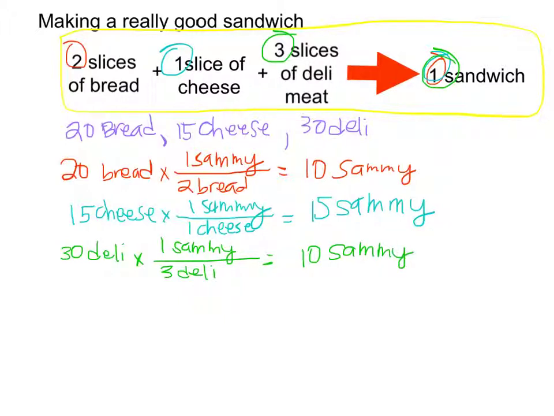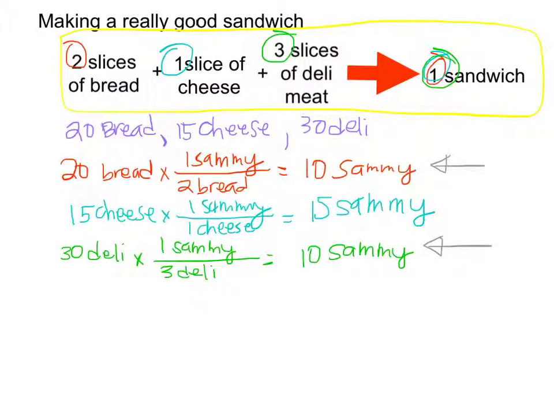Okay, let's look at this. Which of these makes the least number of sandwiches? There are actually 2 of the same ones. So here are the 2 that limit the amount of sandwiches we can make. We can only make 10 sandwiches with the ingredients that we have.